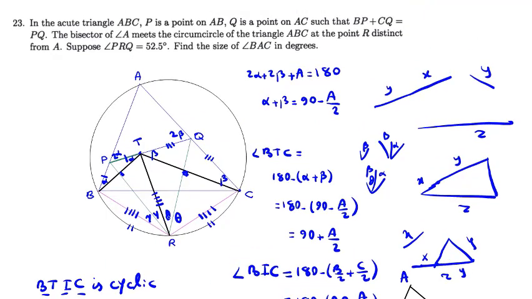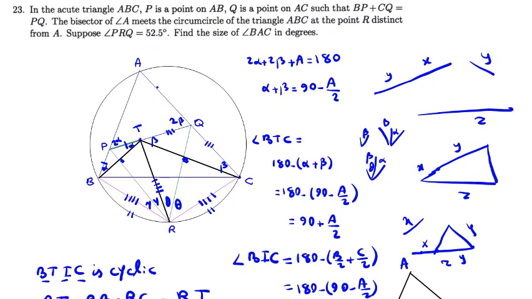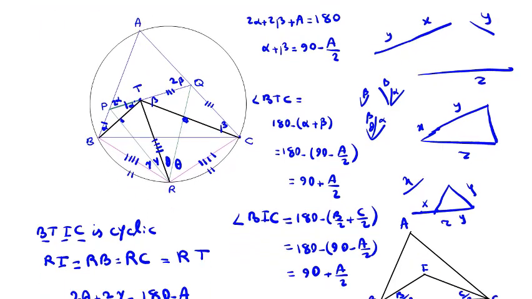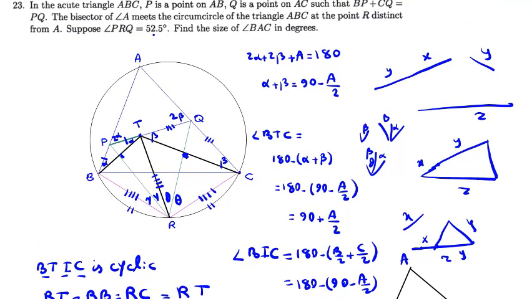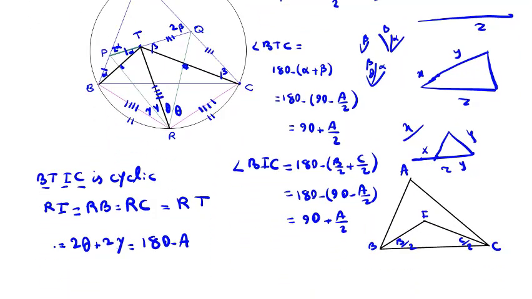PRQ is what? Theta plus gamma is 52.5. So 2 times this is 2 theta plus 2 gamma, so 2 times this is 105. So we can conclude A equals 180 minus 105, which equals 75.